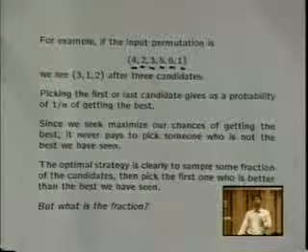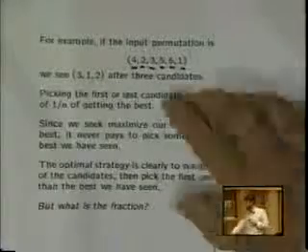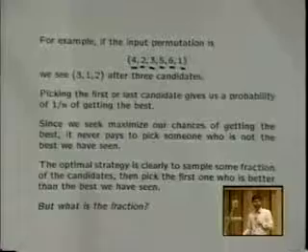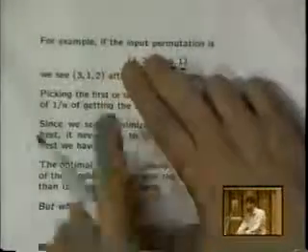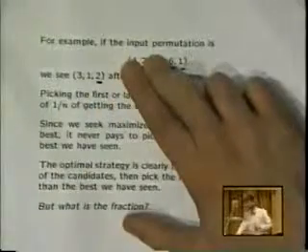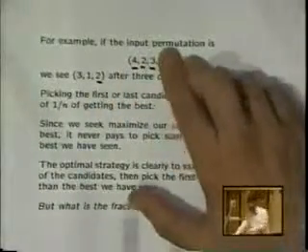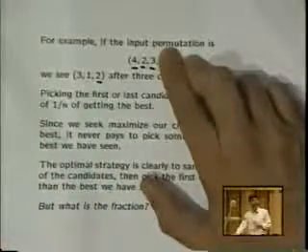My claim is that a strategy has to look something like this. If you want to guarantee yourself the best possible one, does it ever pay to pick the third person we meet, if we know that we'd already seen somebody better than them?